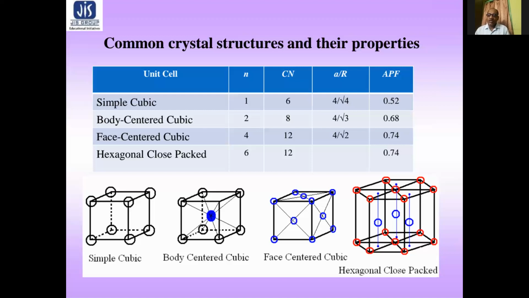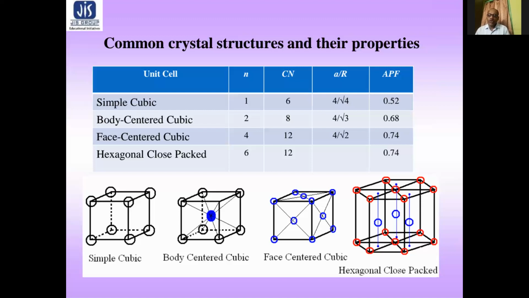As this is particular to the hexagonal type, the upper face and bottom face each contain 6 corner atoms of a hexagon, and one face atom at the lower and upper faces, as shown in this figure, and there are 3 interior atoms solely in this hexagonal close packed structure. The average number of atoms, if we calculate, is 6, the coordination number is 12, and the APF will be, as usual, 0.74.